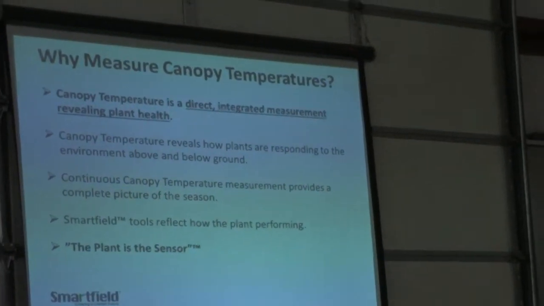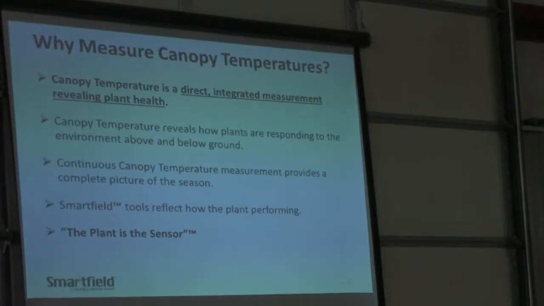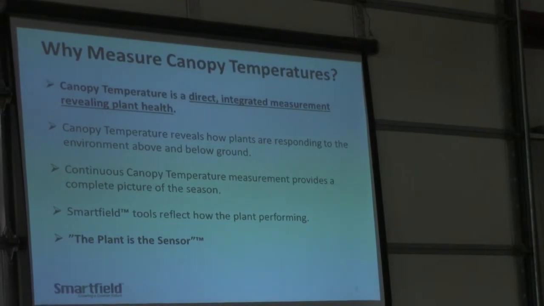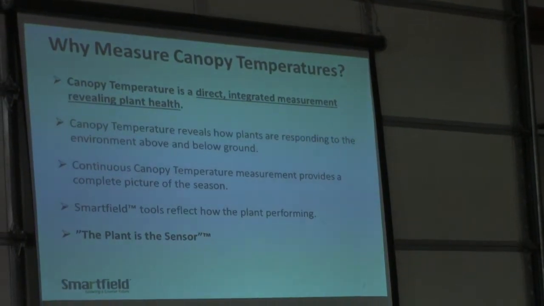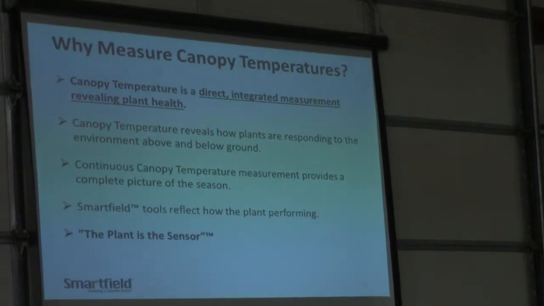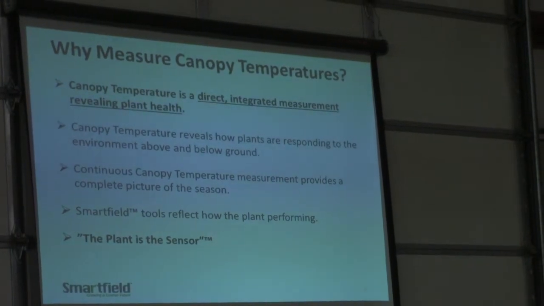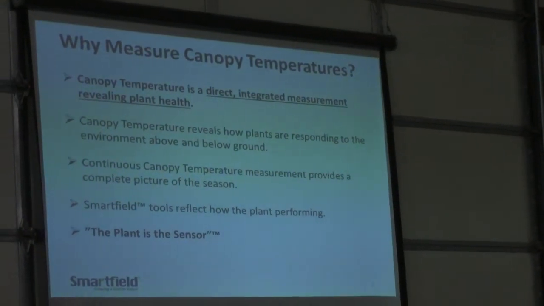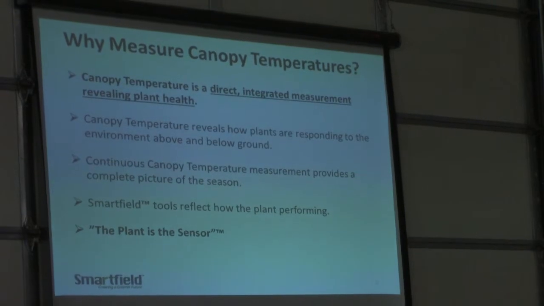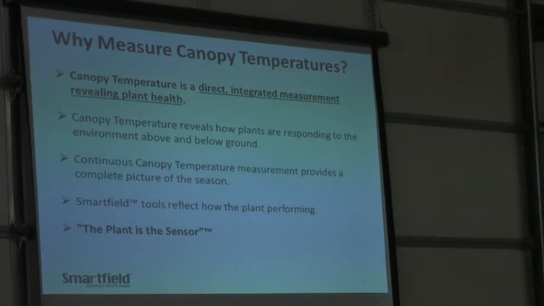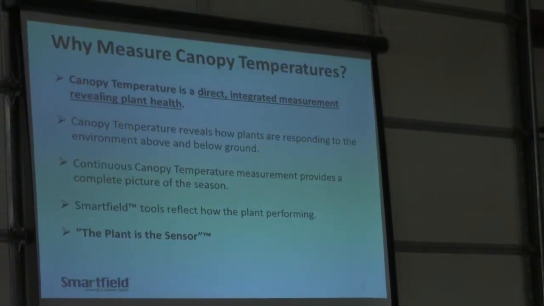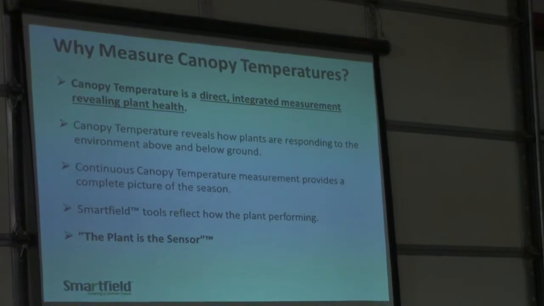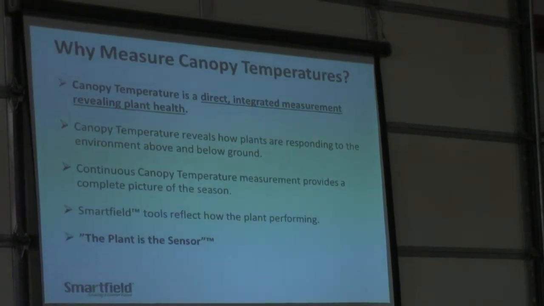Whether it's 100 degrees outside with a 30-mile-an-hour wind with low relative humidity conditions, it's incorporating all that and responding with the canopy temperature. We provide this canopy temperature all season long. So we have 100 readings per day all season long, so we know very precisely how that crop is responding on a daily basis.